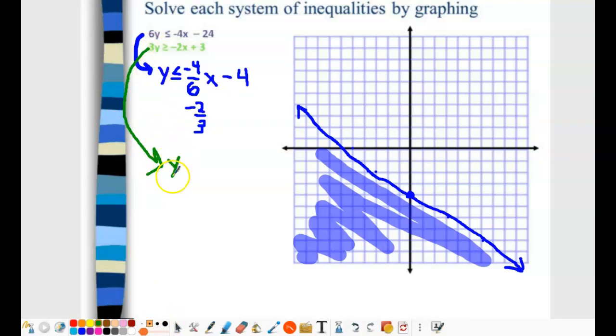So we're going to divide everything by 3. So I get a y-intercept of +1. My slope is -2/3. So what do you notice about the slopes of these two lines? Good. Yeah, my slopes are the same.